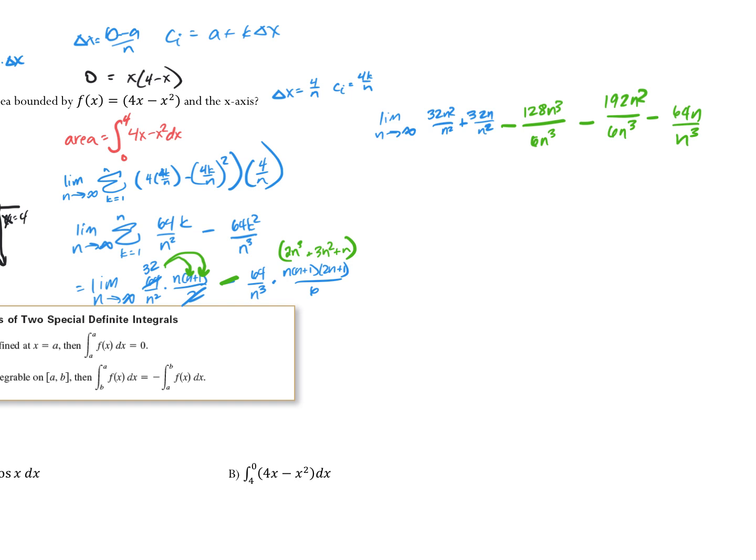Would it be 6n cubed or no? Oh, yeah, it's not 0. When I take the limit, it's going to be 0. Which means once I take my limit, I have 32 plus 0 minus 128 over 6 minus 0 minus 0.